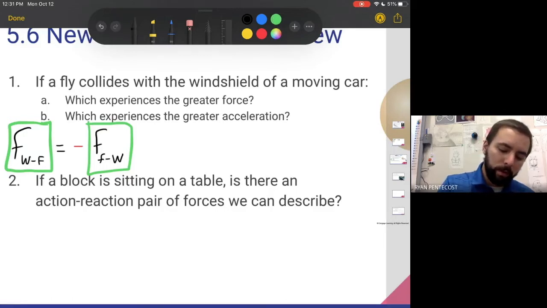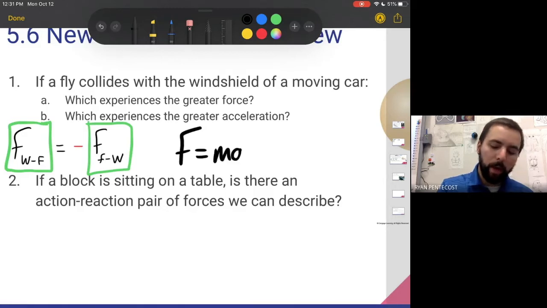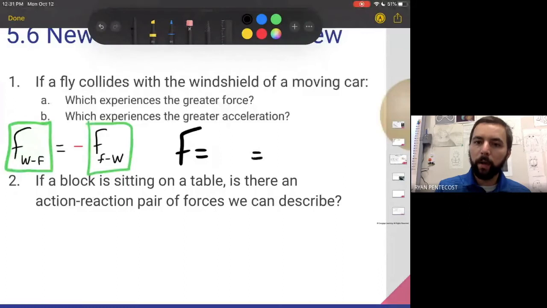So let's write out the second law, F equals ma, right? A force equals the mass times the acceleration. Now, let's say we're comparing two force pairs, and we want the force to remain constant. We talked about this before. If the force is constant, the mass and the acceleration can fluctuate proportionally.